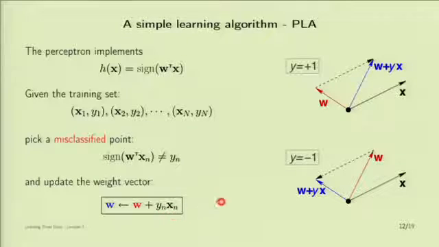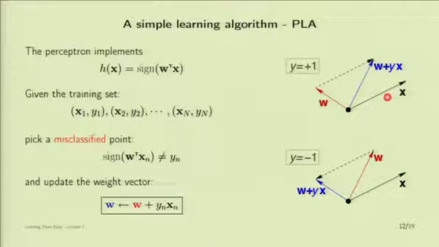And we will see from this diagram that you are always doing so in such a way that you make the point more likely to be correctly classified. How is that? If y equals +1, as you see here, then since the point is misclassified, w dot x was negative. Now, when you modify this to w plus yx, it's actually w plus x.